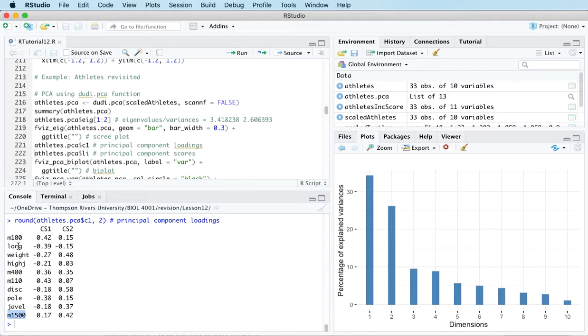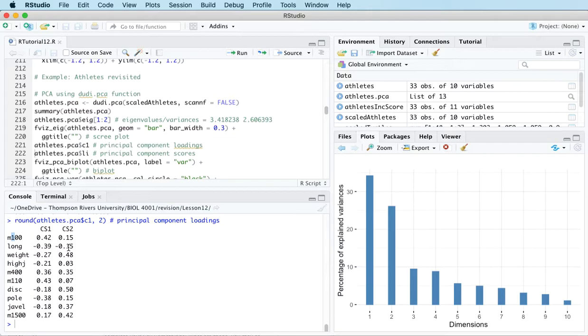And all the negative signs are on the jumps and the throwing. So jumping and throwing get negative loadings, whereas the running events and the hurdles get positive loadings.